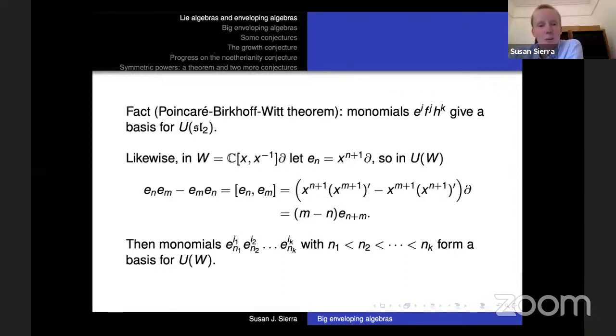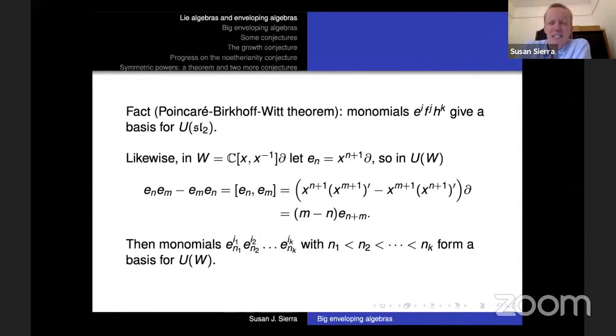And remember, that was defined to be f g prime minus g f prime times del. And when you work out, you get m minus n times E_{n+m}. So it's a pleasing relation.